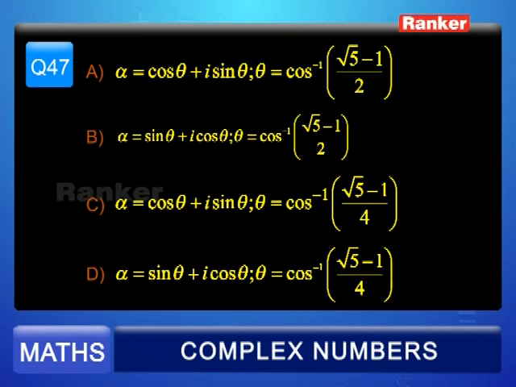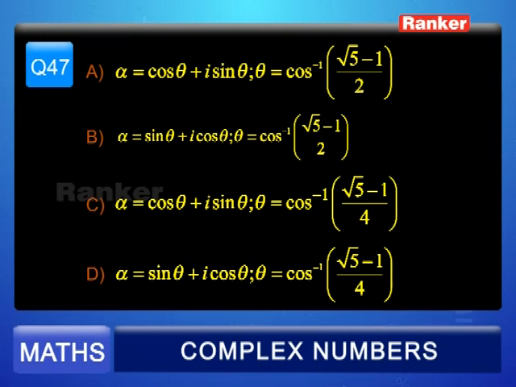In the first option, that is option A, theta is cos inverse of root 5 minus 1 by 2. In the second option, cos inverse root 5 minus 1 by 2. In the third option, root 5 minus 1 by 4. And the fourth option, cos inverse minus root 5 minus 1 by 4.